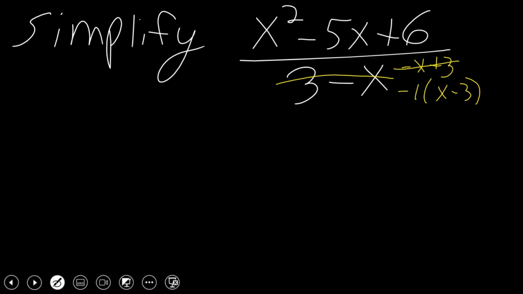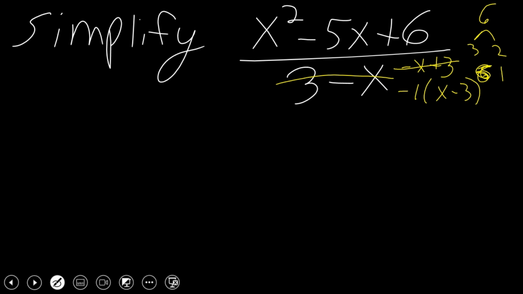And now I'm going to factor out the top. Now 6, we have 3 and 2, and 6 and 1, both of which can equal negative 5.